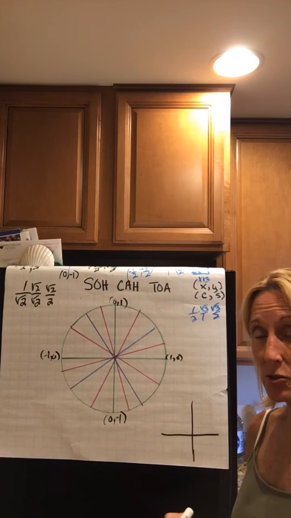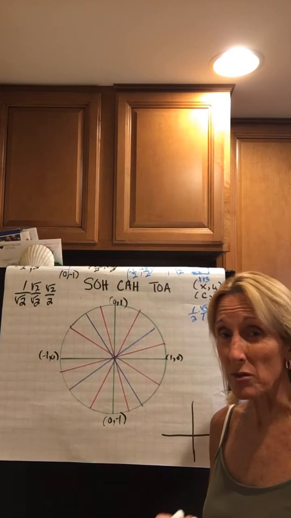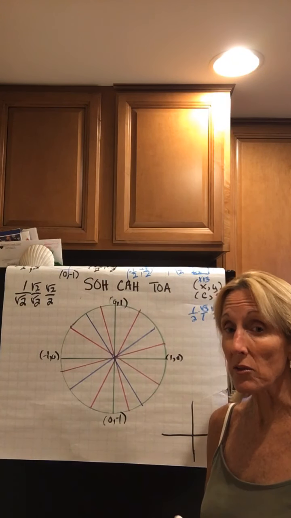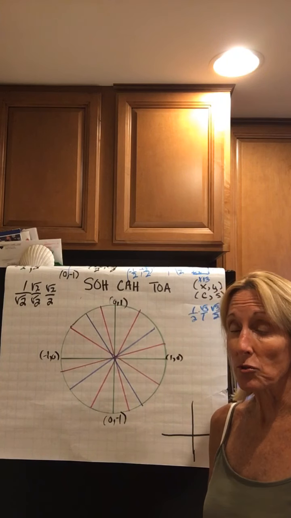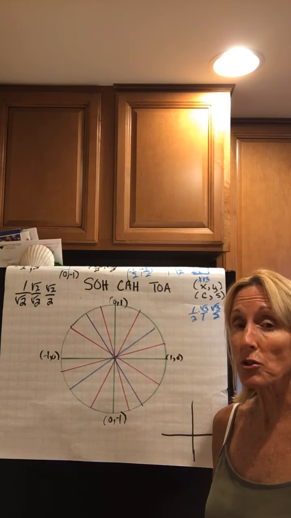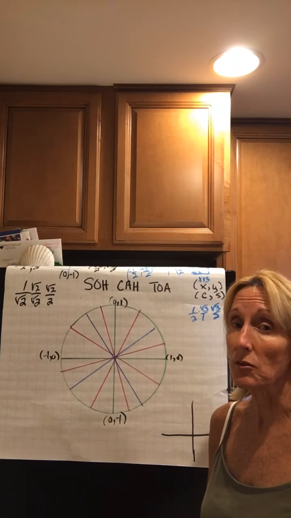And then I like to do my 45-degree angles next because the ordered pair is always the same. So it's square root of 2 over 2 for both the X and the Y, which are called cosine and sine.